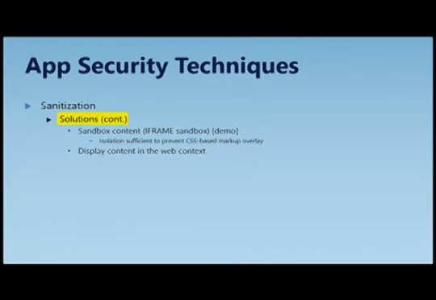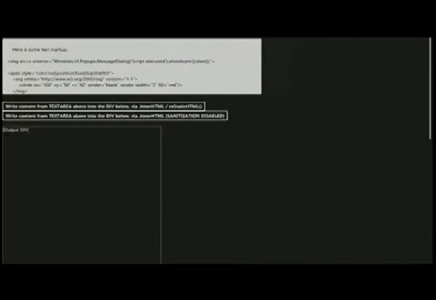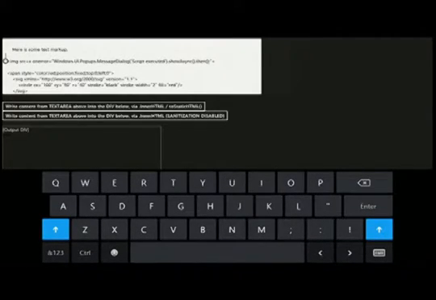So okay, I'm going to duplicate my screen. All right, so I'm in my application here, a little test application. It's got some markup. It's got an image tag with an onerror event handler associated with it.